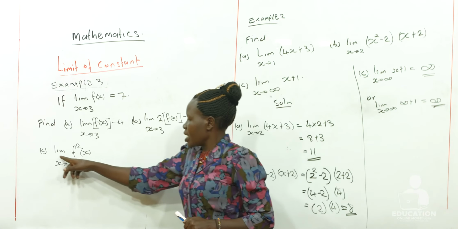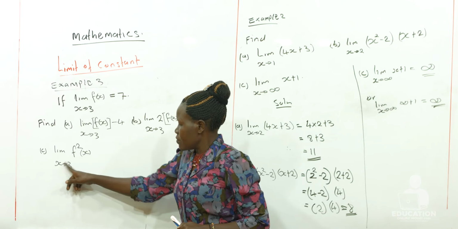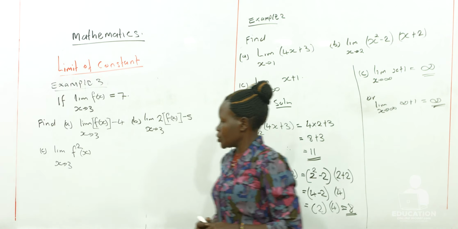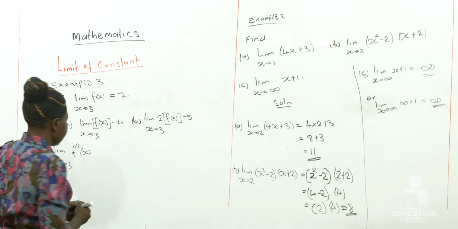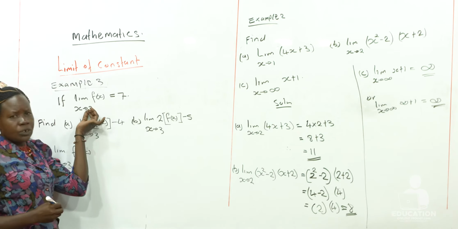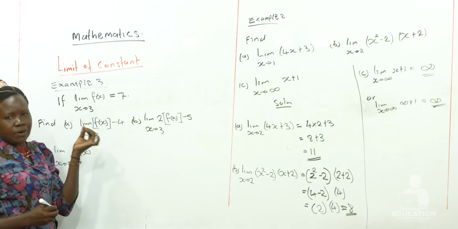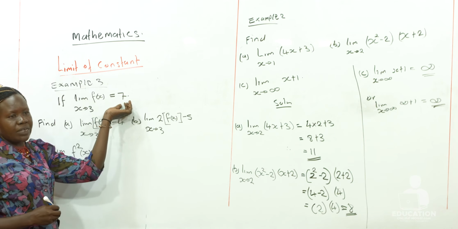And then the limit of f squared of x when x is approaching 3. So if we are to find this, remember yesterday we said to watch out for where x is approaching and the type of the equation or the function given to you.